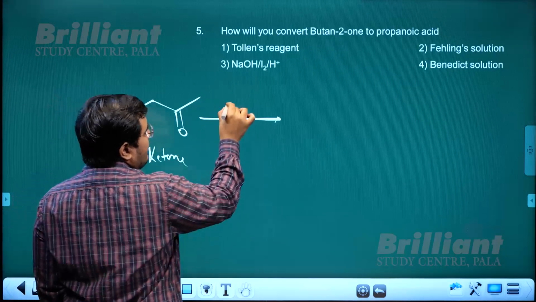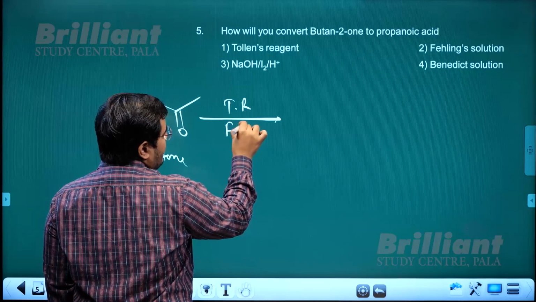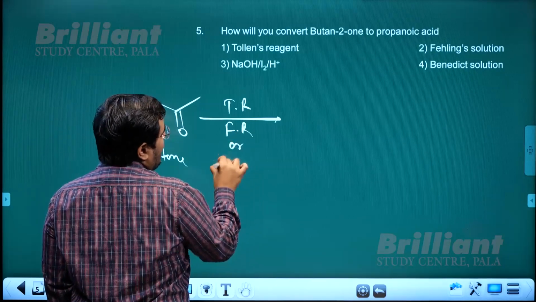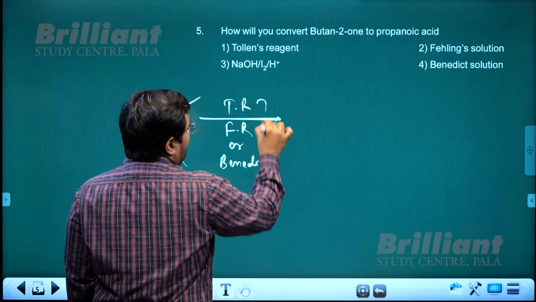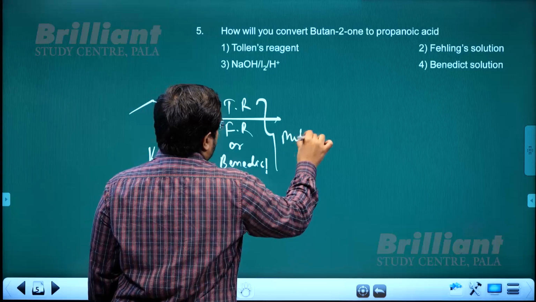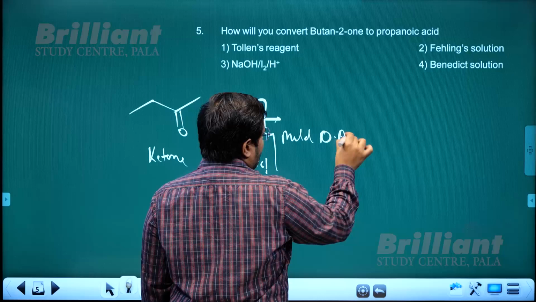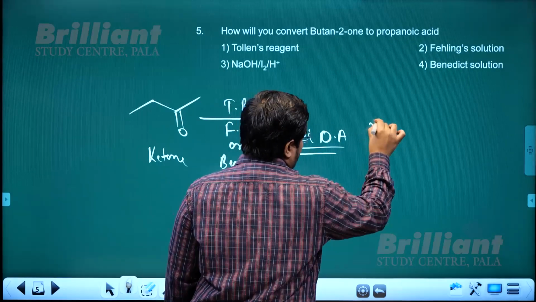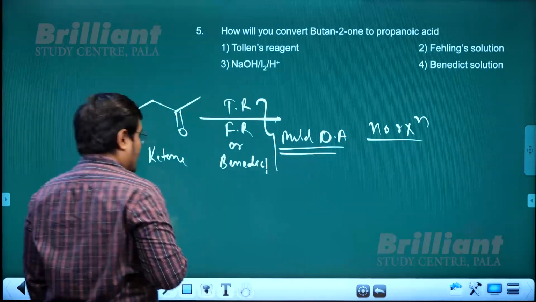So if I am reacting it with Tollens' reagent, Fehling's reagent, or Benedict's solution, these all are mild oxidizing agents. Since they are mild oxidizing agents, they do not affect your ketone and hence no reaction.